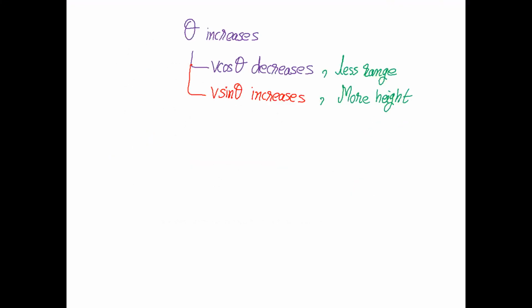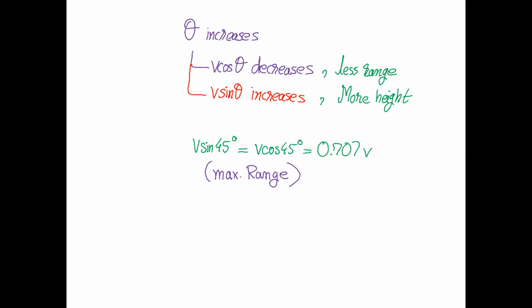Now our trigonometry says that as theta increases, V cos theta decreases and V sin theta increases. And when it is sin 45, the range is maximum. The answer is simply a trigonometry value: sin 45 is equal to cos 45. So it means the contribution is the maximum.